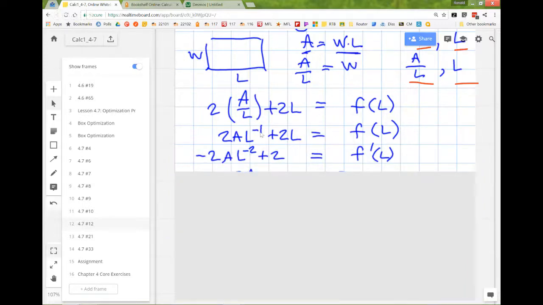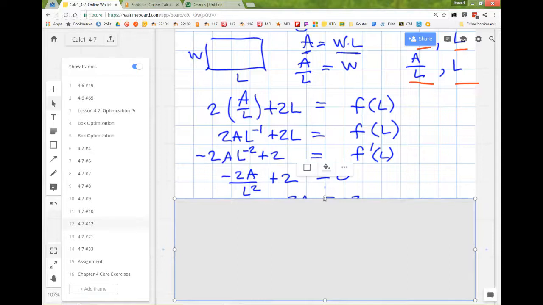So derivative, negative 2A, reduce the power on L by 1, plus 2, and that would be the derivative. Set the derivative equal to 0. I rewrote the negative 2A L to the negative 2 as negative 2A over L squared.